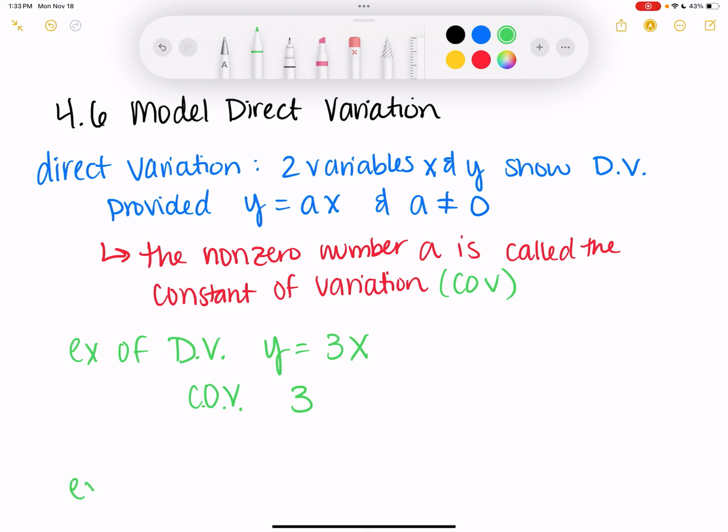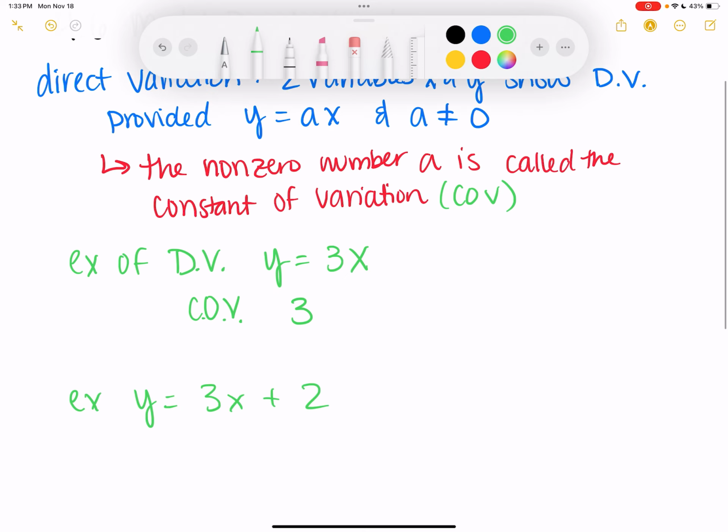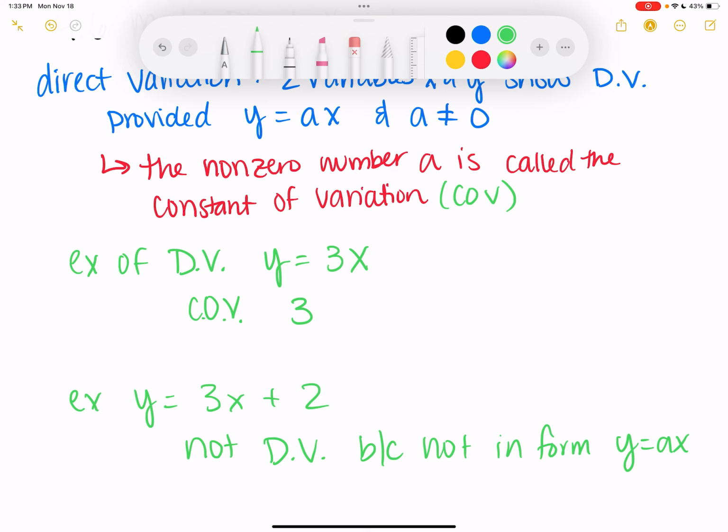Now, if I had y equals 3x plus 2, this is not direct variation because it is not in the form y equals ax. If there's something being added or subtracted in these problems, it is not direct variation, and there would be no constant of variation either.